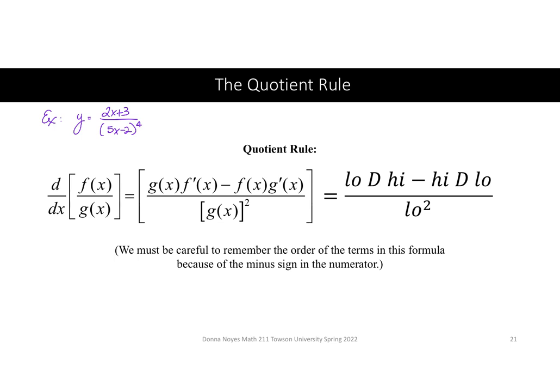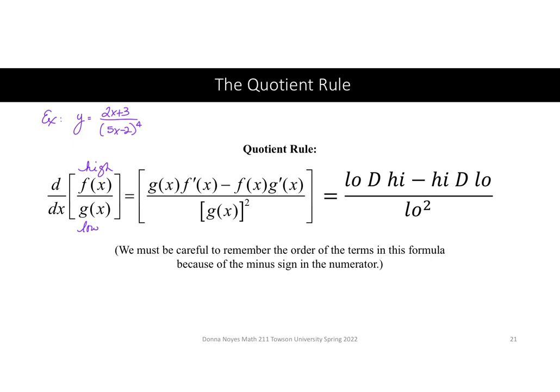So the way that I learned this was that we call this one the high and this one the low. So the numerator is the high, the denominator is the low, and we can abbreviate that LO and HI. So the way I learned to memorize the quotient rule is to say low D high minus high D low all over low squared.